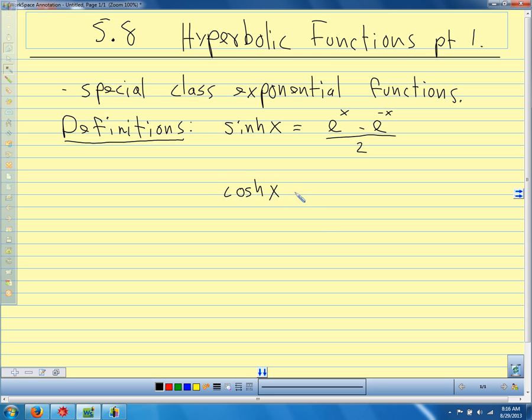Cosh x, hyperbolic cosine, is e to the x plus e to the minus x over 2. Hyperbolic tangent, or tanh x, is sinh x over cosh x.